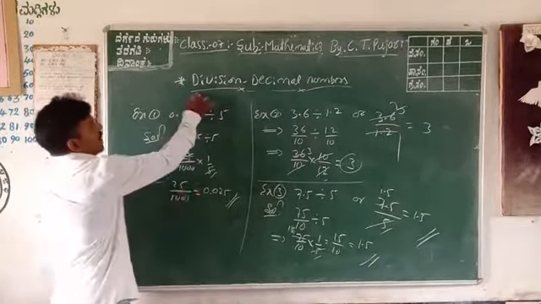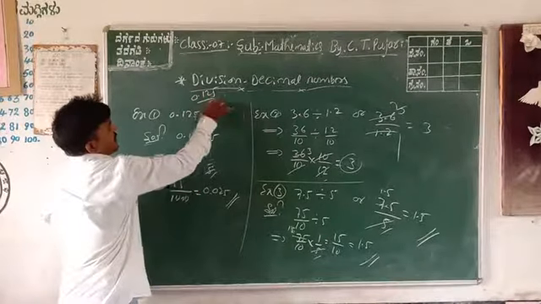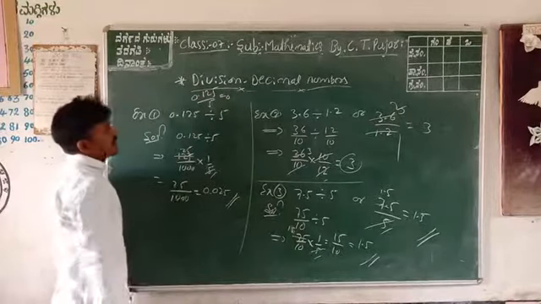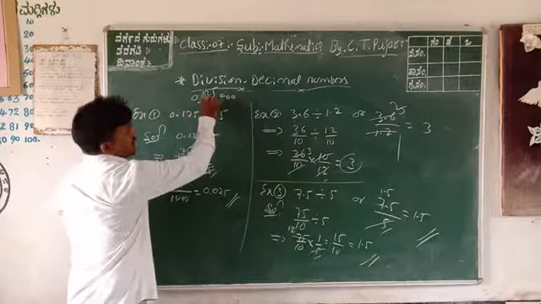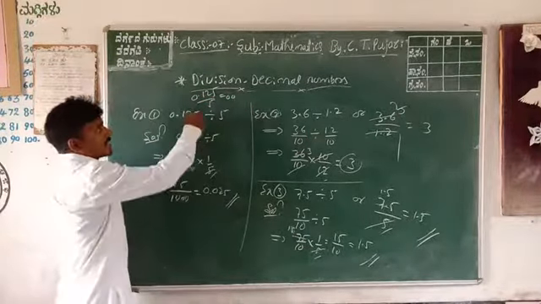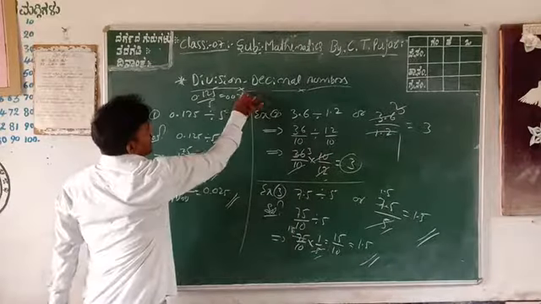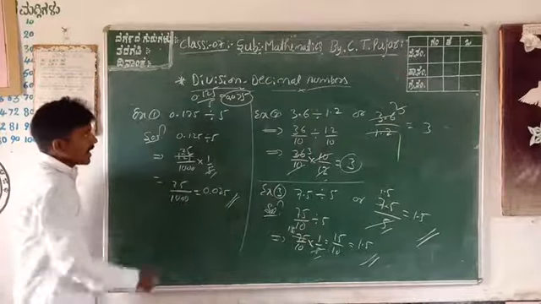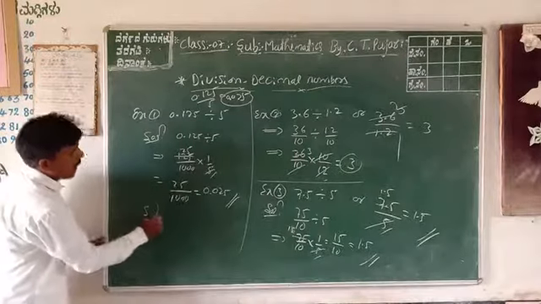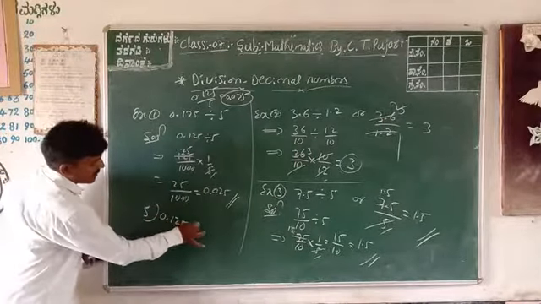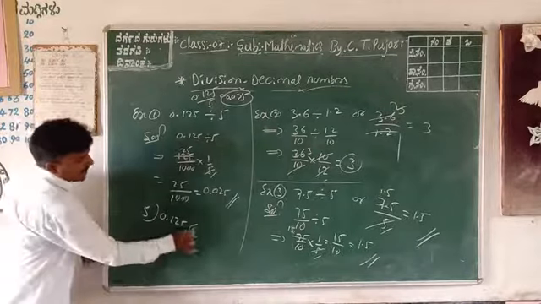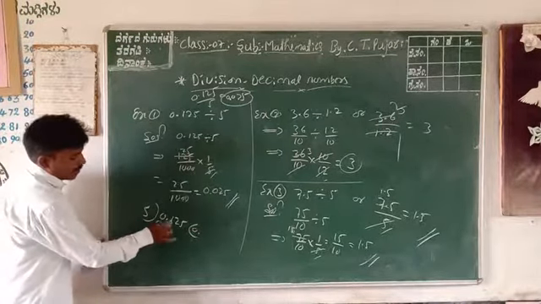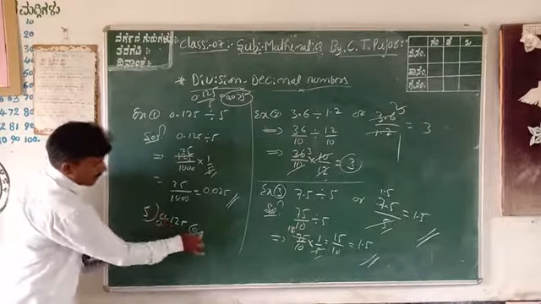Therefore 0.125 divided by 5: 0 point, 1 is not divisible by 5 so take 0, then 5 twos are 10, the remaining 2, again 5 fives are 25. The answer is 0.025. Otherwise, divide 0.125 by 5 step by step: take 0, then the point, then 0 again.